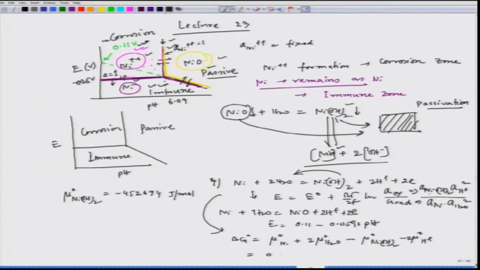So, this is 0, this is minus 2 into 236,964.2, this will become plus 452,694.